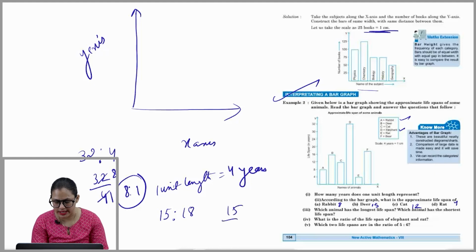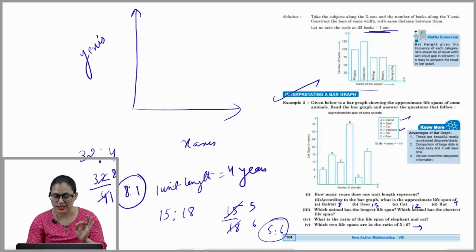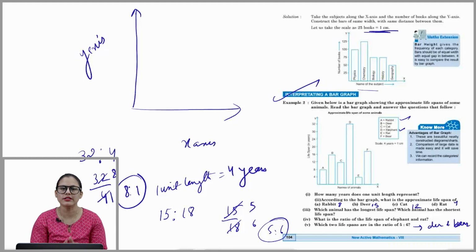So 15 by 18: 3 fives are 15, 3 sixes are 18. So the ratio is 5 is to 6. So the answer is deer and bear. Deer and bear's lifespans are in the ratio of 5 is to 6.